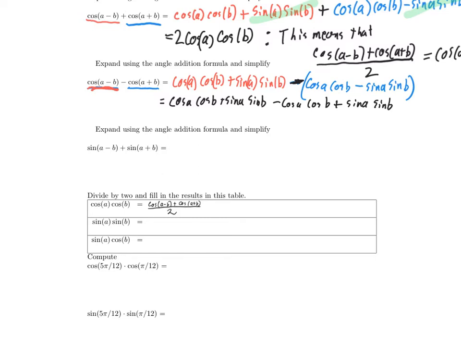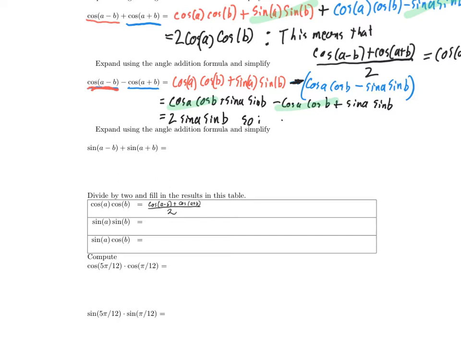And now you look at that, and you see what cancels again. I think I like the idea of using a highlighter to do the canceling. Cosine A cosine B minus cosine A cosine B, so this cancels with that. And the remaining two terms, sine A sine B plus sine A sine B, becomes 2 sine A sine B. So that means that 2 times the sine of A times the sine of B is equal to cosine A minus B minus the cosine of A plus B. If you want to just know what sine A sine B is, we'll divide both sides by 2.